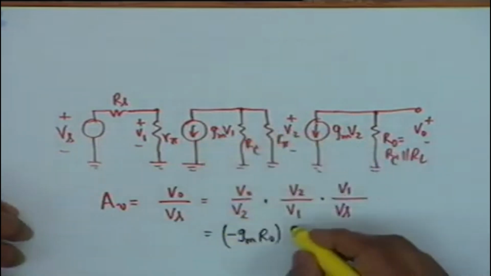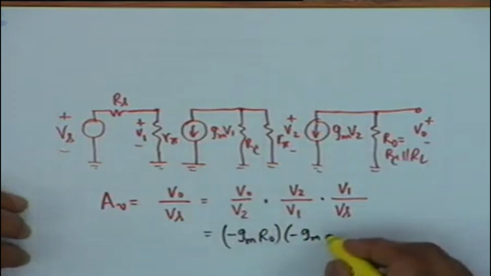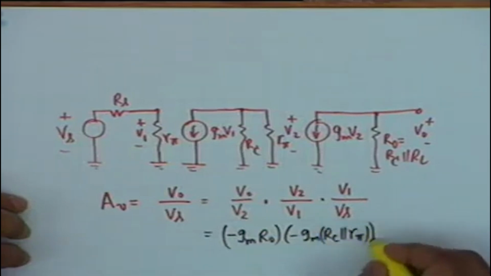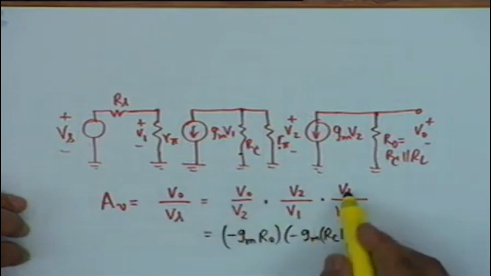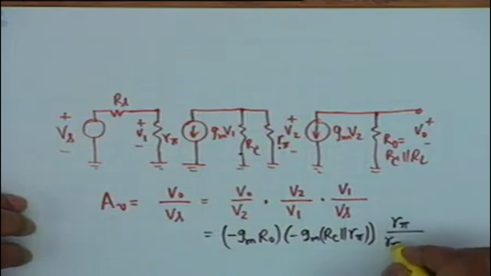V2 by V1 shall be minus gm times the parallel combination of Rc and R pi. All right, Rc and R pi. And V1 by Vs will be simply R pi divided by R pi plus Rs.